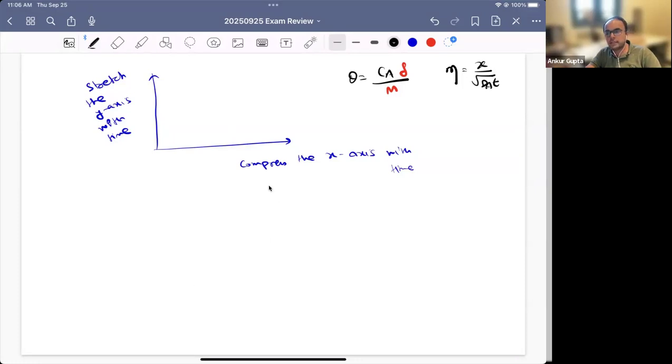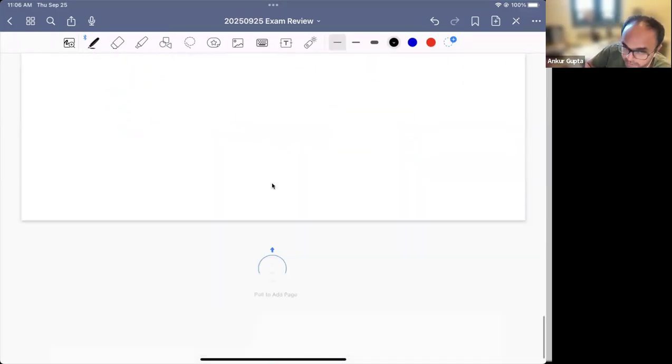So how about we do the nth order reaction? That might make it a bit clearer for you. So this is the problem. This is the part two problem, practice exam problem 5, right?